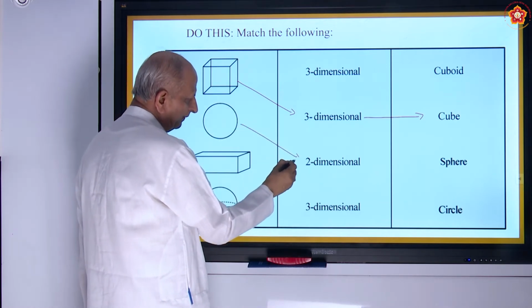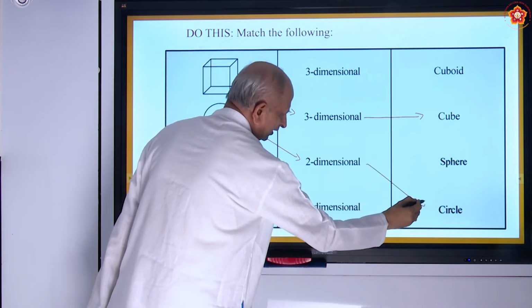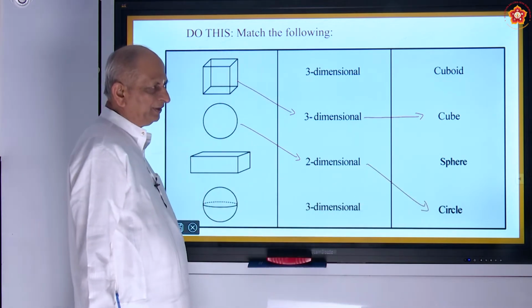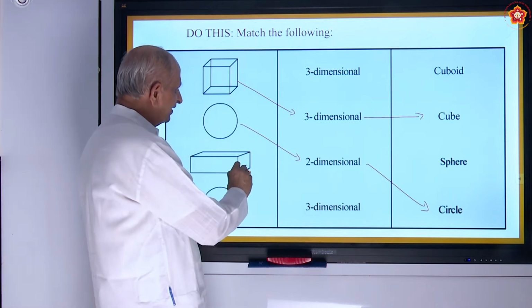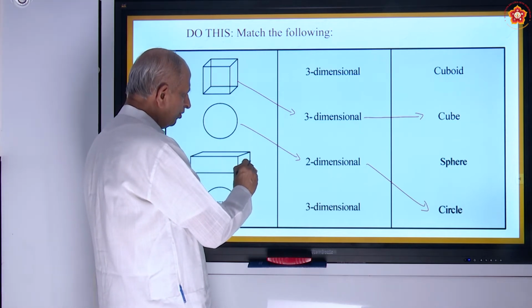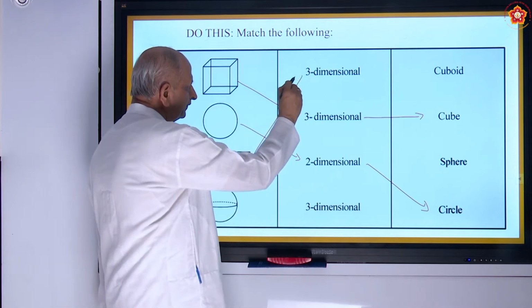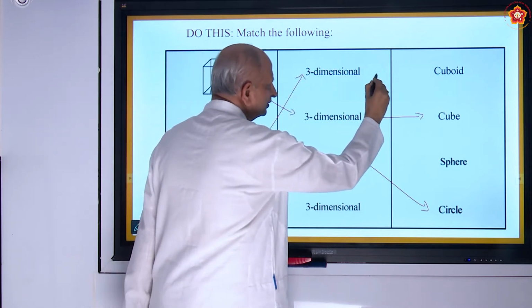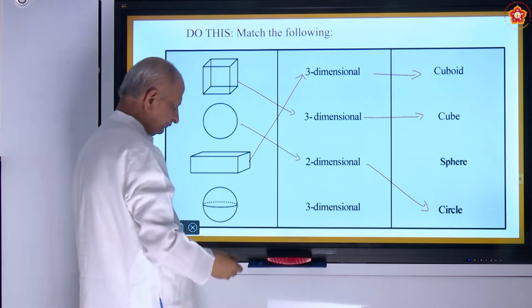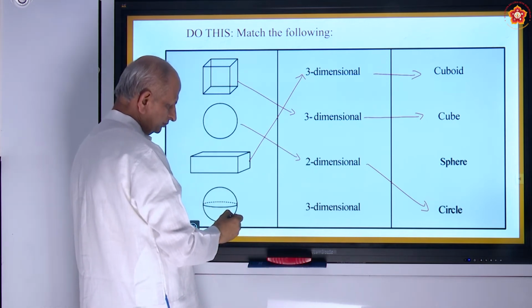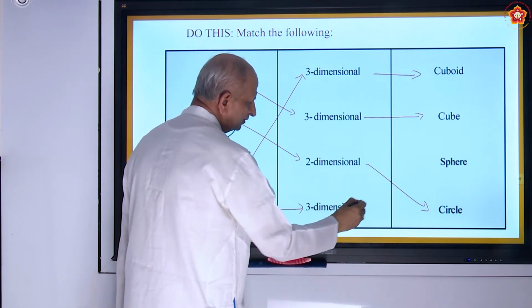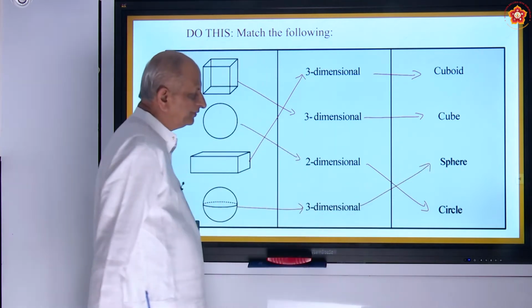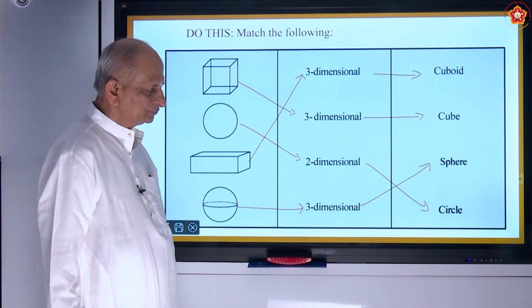So this is a two-dimensional circle, two-dimensional because there is no thickness. Now what is this called? This is a cuboid. It is three-dimensional. What is this called? Sphere. Three-dimensional. Name of the solid is sphere.